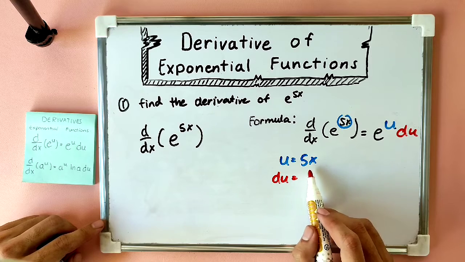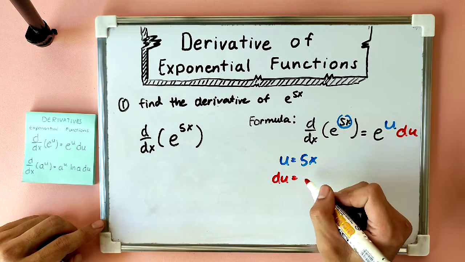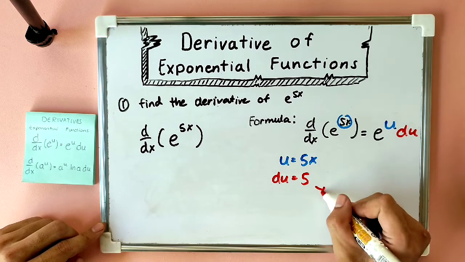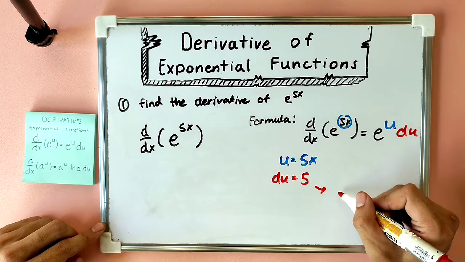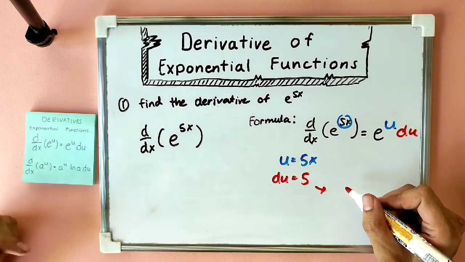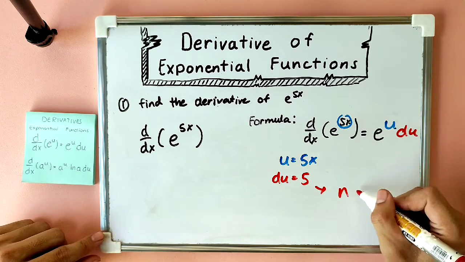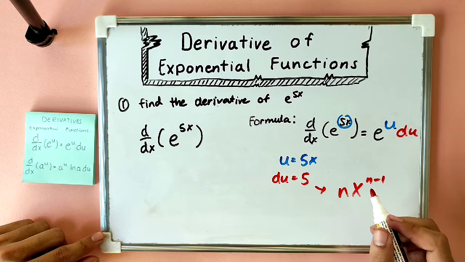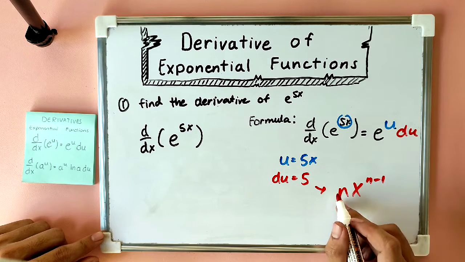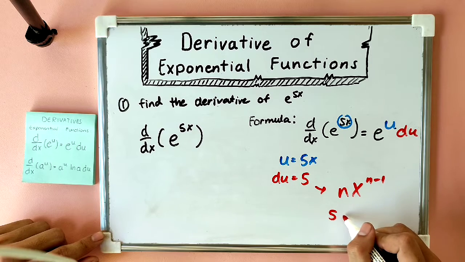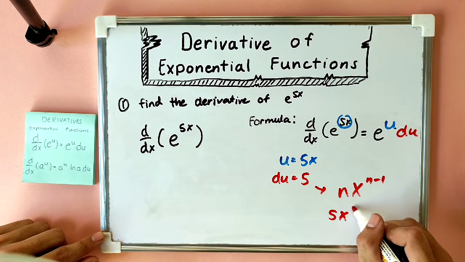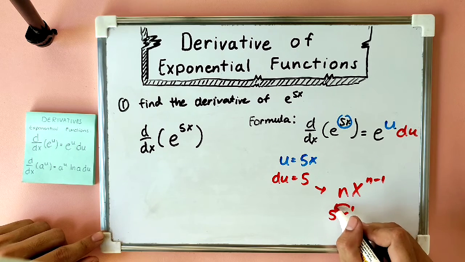So ang derivative ng 5x is just a 5 because as we recall in our power rule, n times x raised to n minus 1, ang n natin is 5, then x, then yung x natin may naka-raise na siya sa 1, so ita-times natin siya dito.